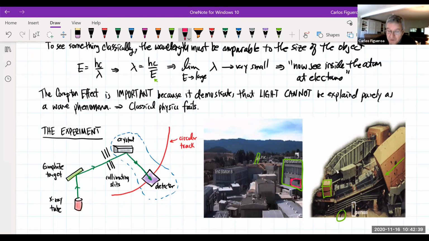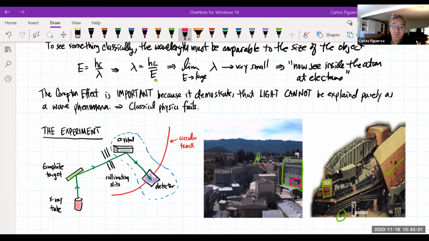What you're finding here is that this type of experiment is exactly what happened with the Compton experiments.